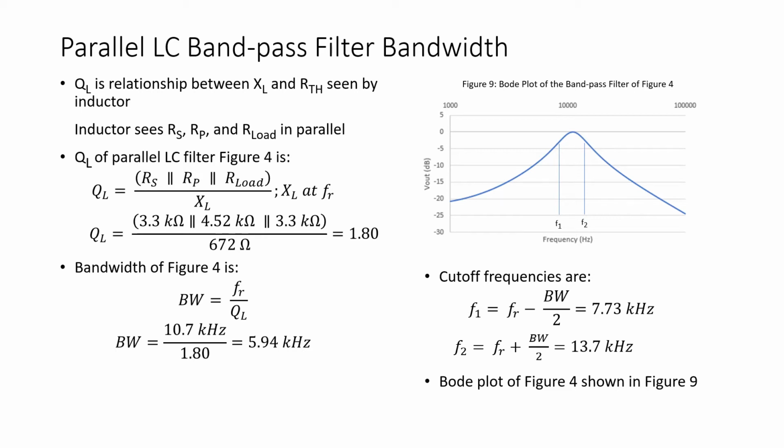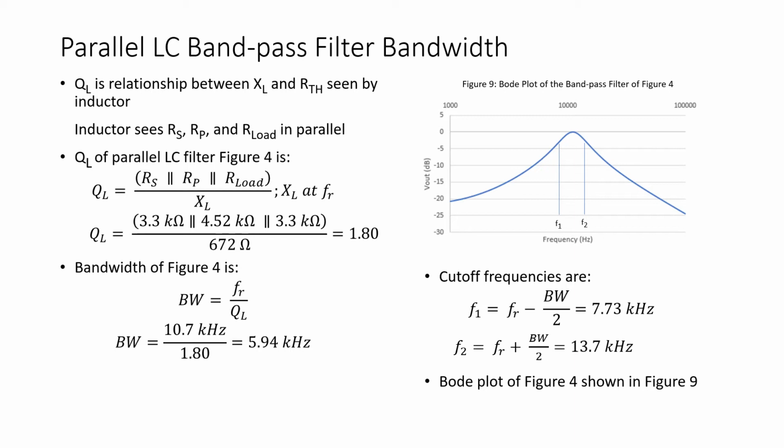In the circuit of figure 8, the inductor sees RS, RP, and R load in parallel. So the loaded Q of the circuit of figure 8 is 1.80, as shown: RS in parallel with RP in parallel with R load, divided by X sub L. And again, X sub L is calculated at the resonant frequency.